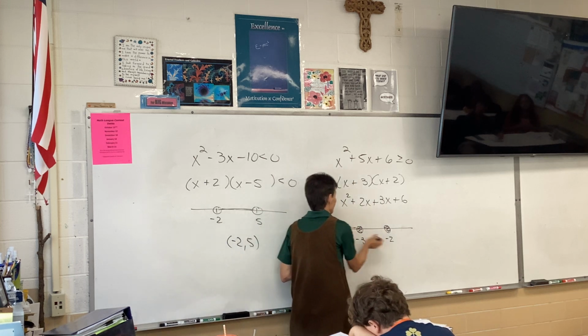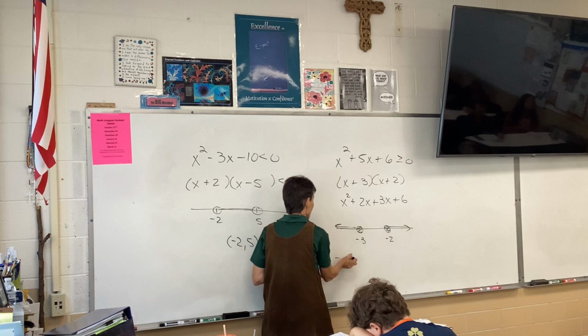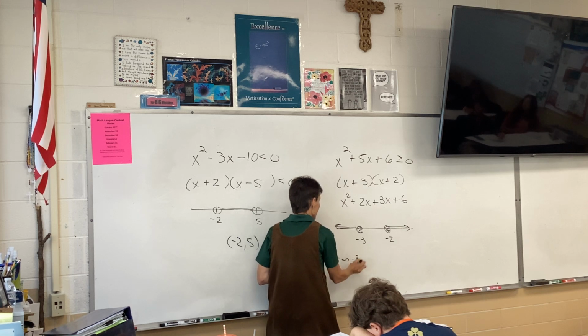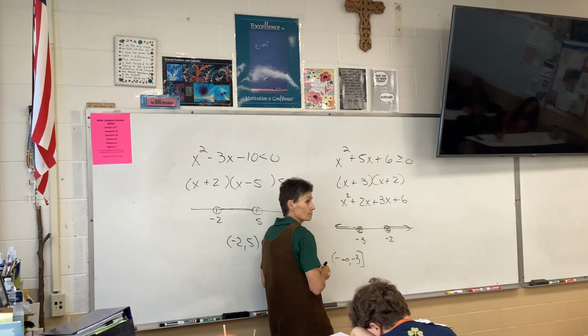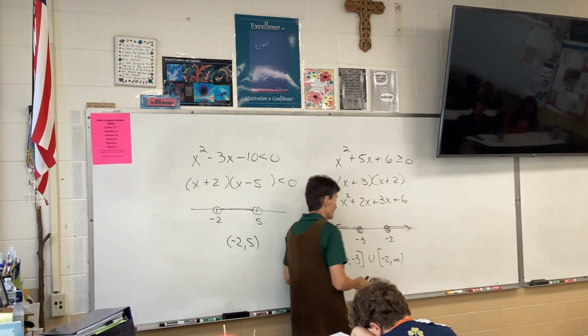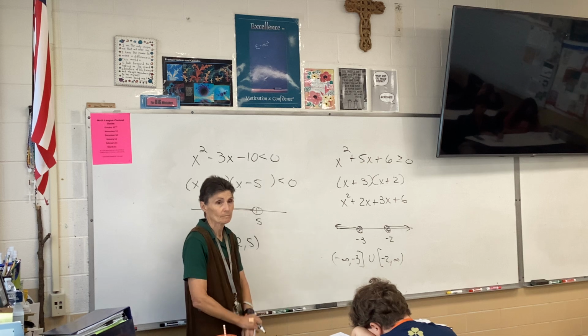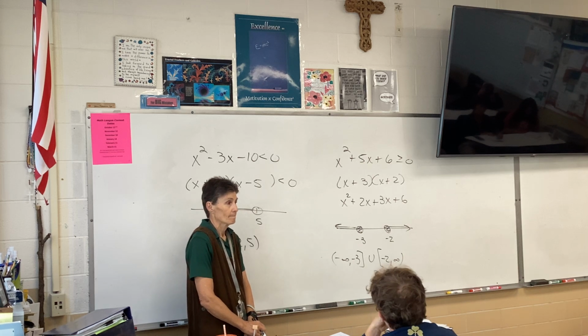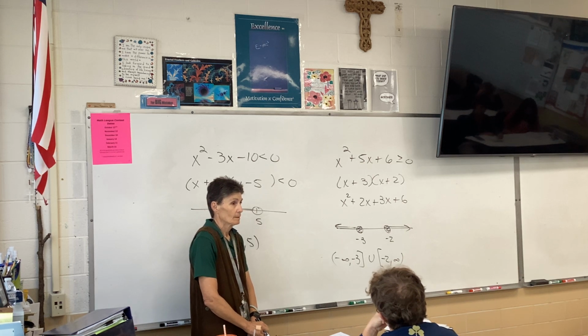Out. So negative infinity, negative 3, union with negative 2, infinity. Quadratic inequalities, we're good.